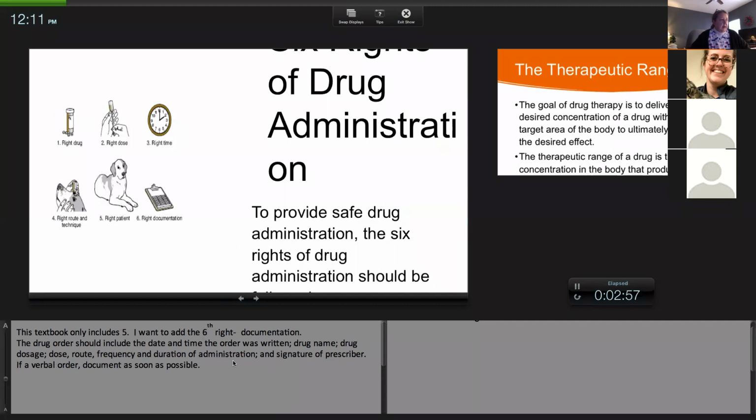The textbook says there are the 5 rights of drug administration, and I think this has been burned into your brain: the right drug, the right dose, the right time, the right route, the right patient, but also the right documentation. Everything needs to be in the record.